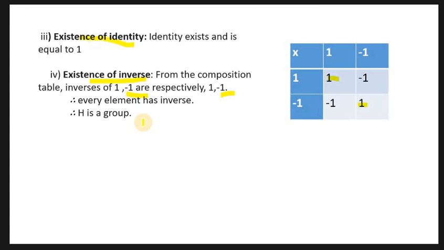Since H is a group and it is a subset of G, therefore H is a subgroup of G. So in order to show that H is a subgroup of G, we have proved all the 4 properties of the group and showed that H is a group. Since H is a group and it is a proper subset of G, therefore H is a subgroup of G.